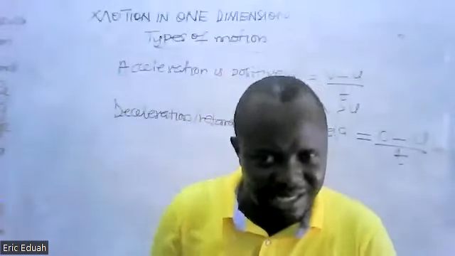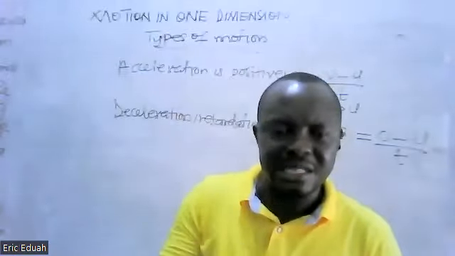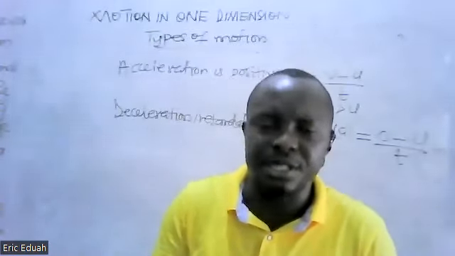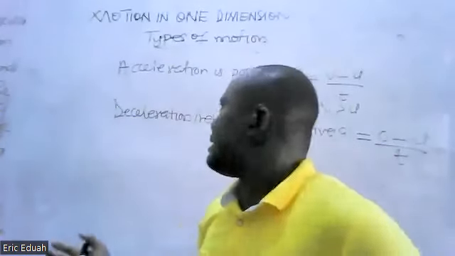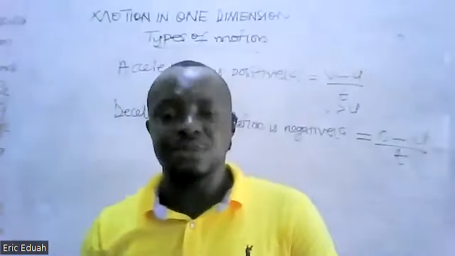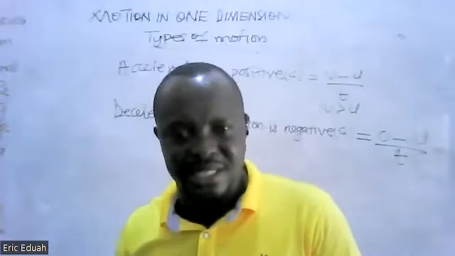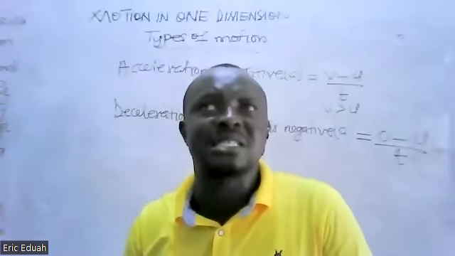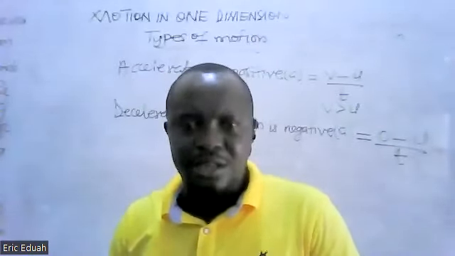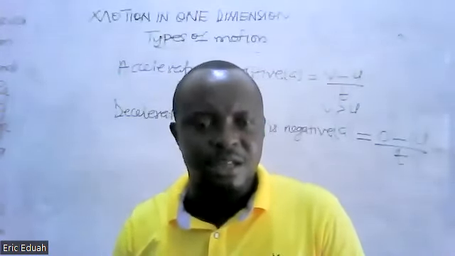The distance is just the interval between 2 points in a straight line. Then the displacement is the distance covered in a specified direction. Then we can talk about the body's speed, which is the distance covered over the time taken.